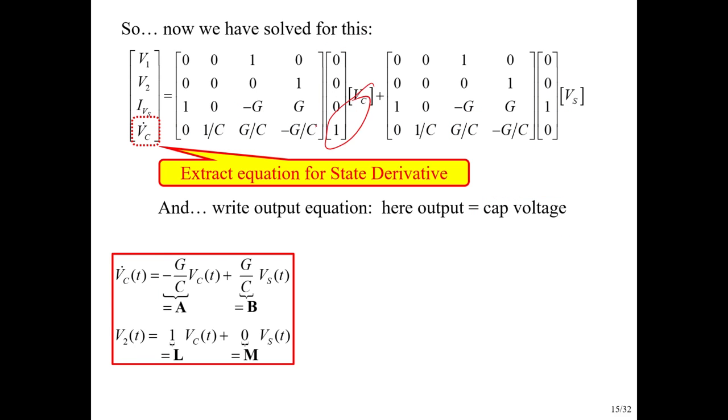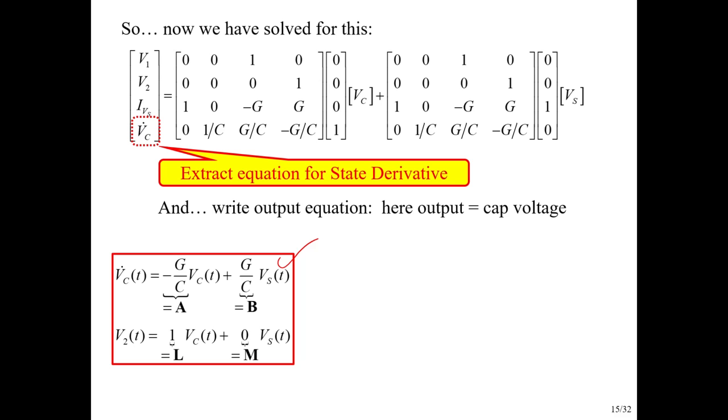Remember, that was the thing interacting. So there's our minus G over C. We'll call that our A matrix, consistent with the naming of our state equation. And then it was this Vs times this. So there's our Vs. And I left off the of t's here, just for convenience. But now I've put them back in.